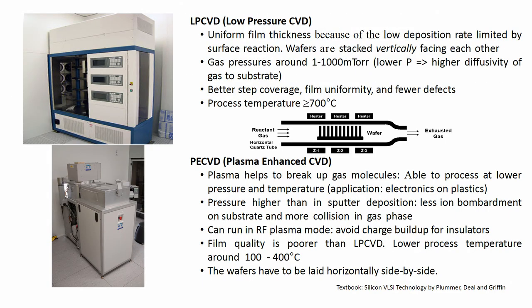Okay. So, when we talk about LPCVD, it is similar to what you have guessed already. We have seen this for wet and dry oxidation. That is why LPCVD, or low pressure chemical vapor deposition, can be used for uniform film thickness because of the low deposition rate.